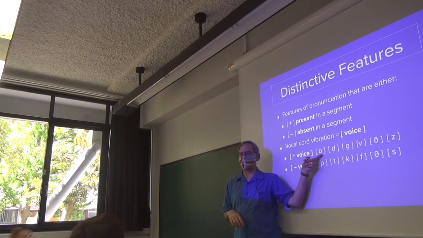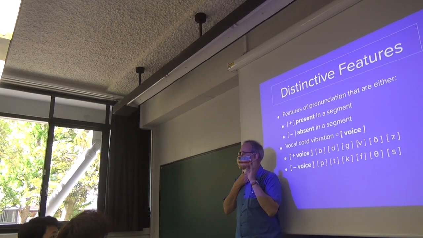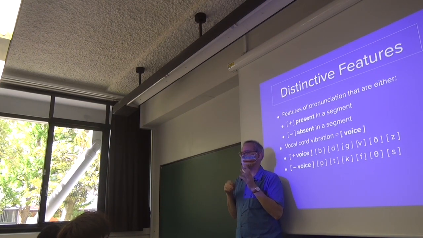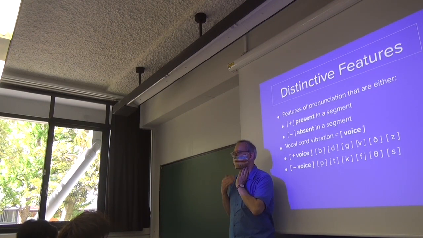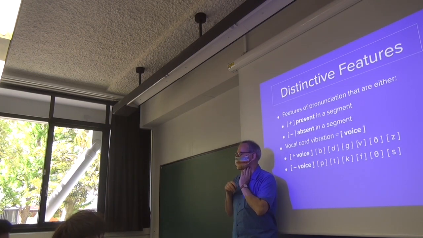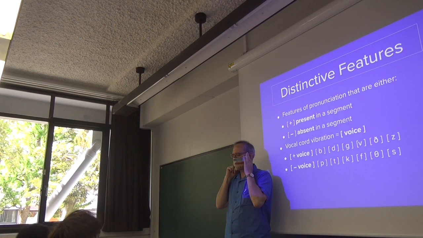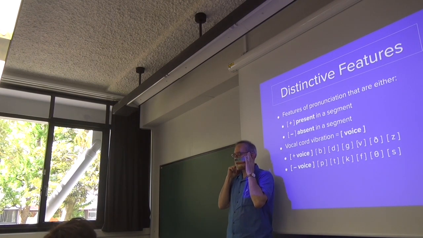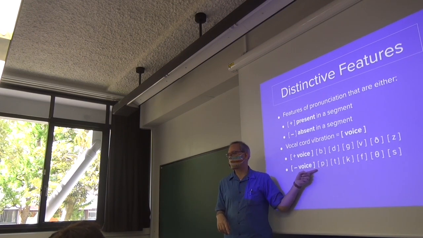So although sounds like B and D are voiced, if you're not sure, there are two techniques. One is you can hold your throat and you'll feel the vibration. B, B, D, D. If that's difficult, you can also plug your ears and then you'll feel inside your head the vibration. Which is different from the segments that are not voiced.